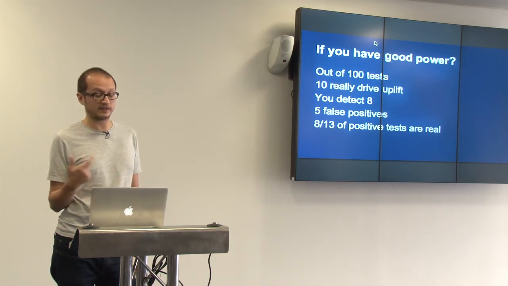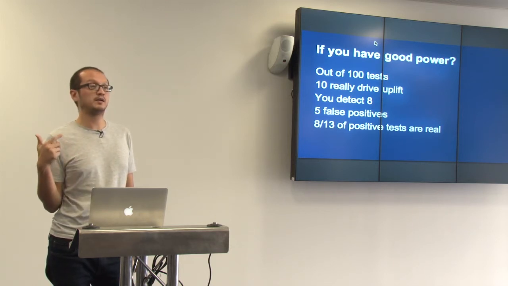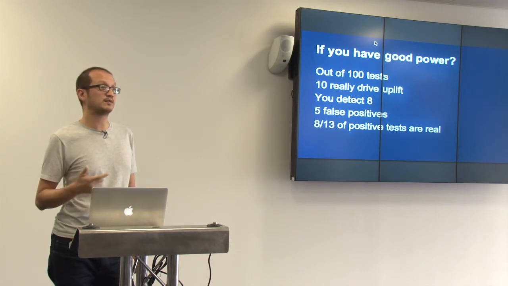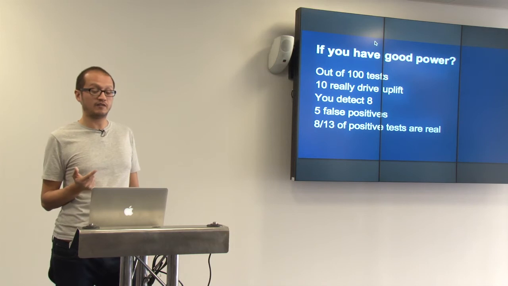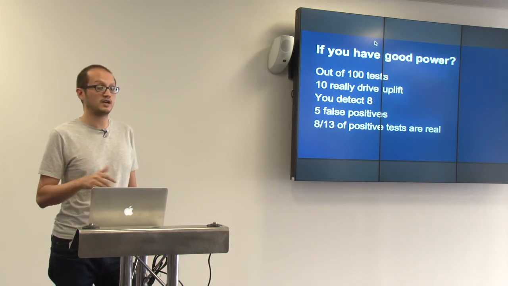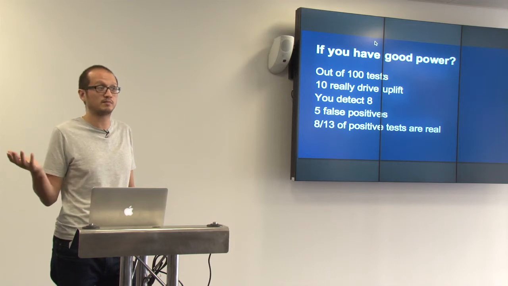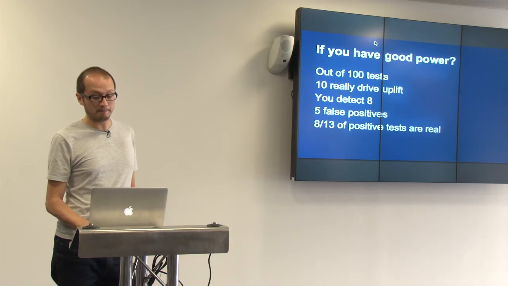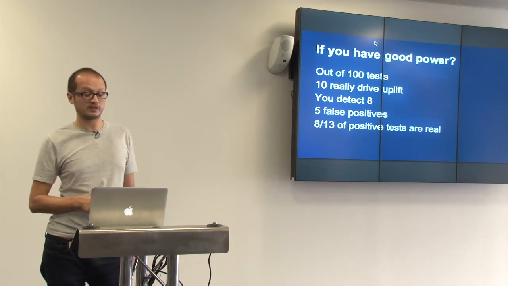This goes back to the significance level, but most people set their significance probability to 5%. That's the probability that if there's no effect, you'll see a positive result. You can't avoid that in any statistical test. There's always a possibility that you'll see a positive result when there is no real effect. So let's say you have 5 false positives.